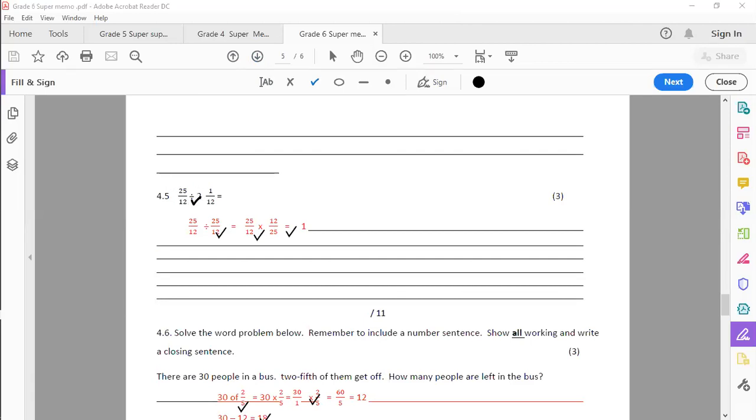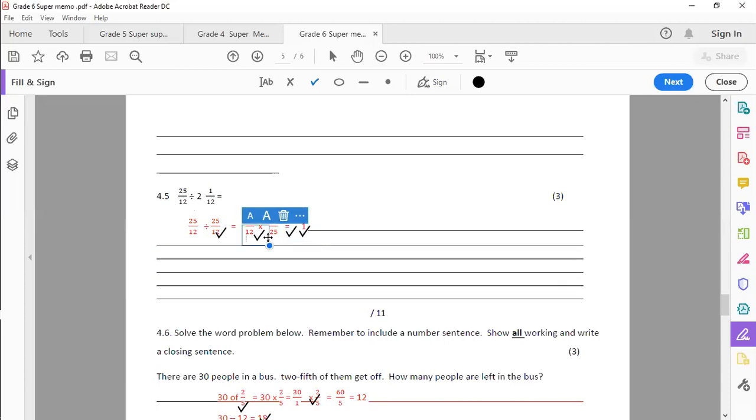This needs to change into a multiplication, so I have 25 over 12 multiplied by 12 over 25. This and this number would be exactly the same, because we multiply numerator by numerator and denominator by denominator, and 25 times 12 and 12 times 25 give the same number. And a fraction divided by the same fraction, the answer is forever going to be 1.